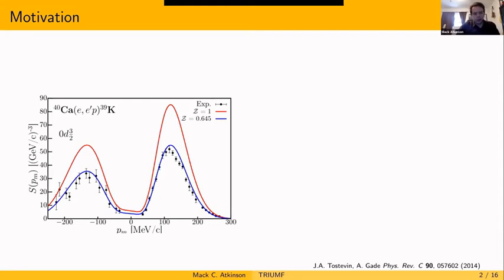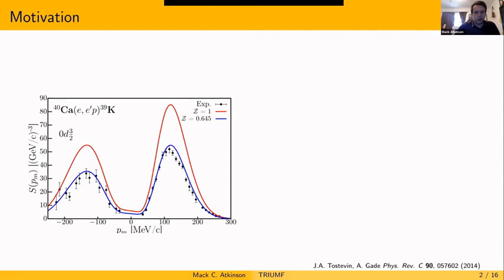So you can see on this plot on the left, I'm showing two curves. The red curve is a calculation of this E'(p) momentum distribution using a mean field calculation for the quasi-particle orbitals and some optical potential for the outgoing proton.